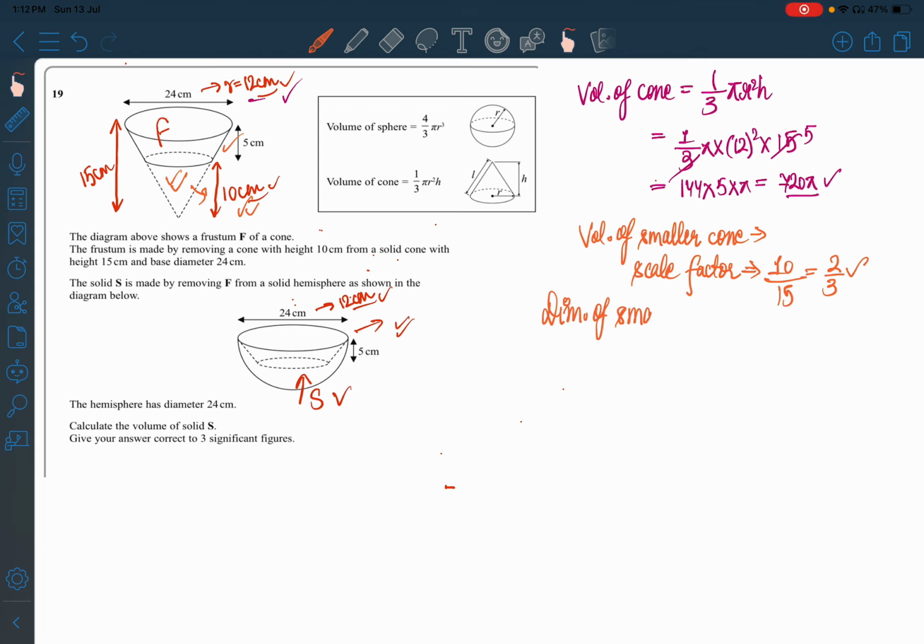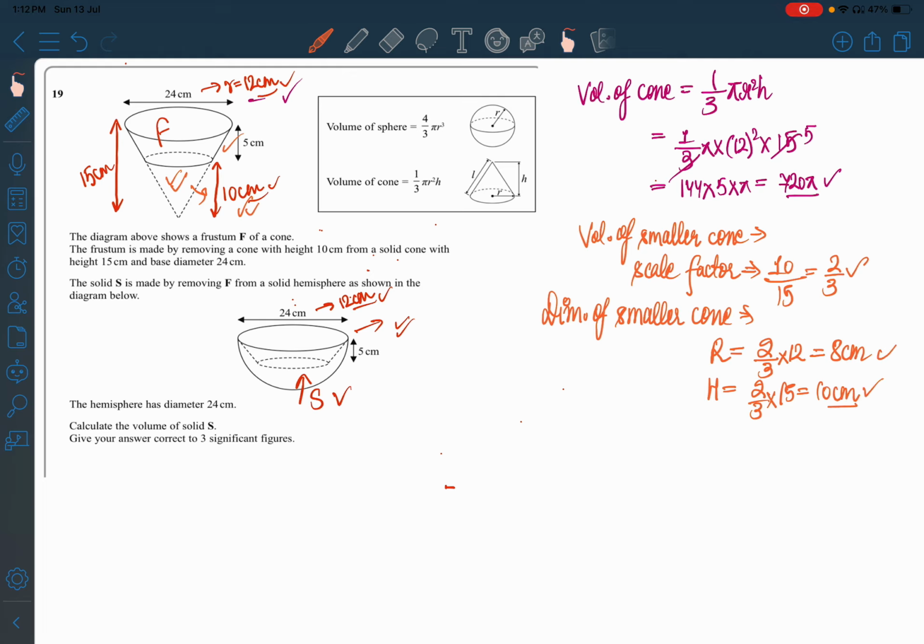Now we can find the dimensions of the smaller cone. We have to find the smaller radius. The radius r would be 2 by 3 of the radius of the solid cone, so that means 8 centimeter, and the height would be 2 by 3 of the total height, that is 15, so it is 10 centimeter.